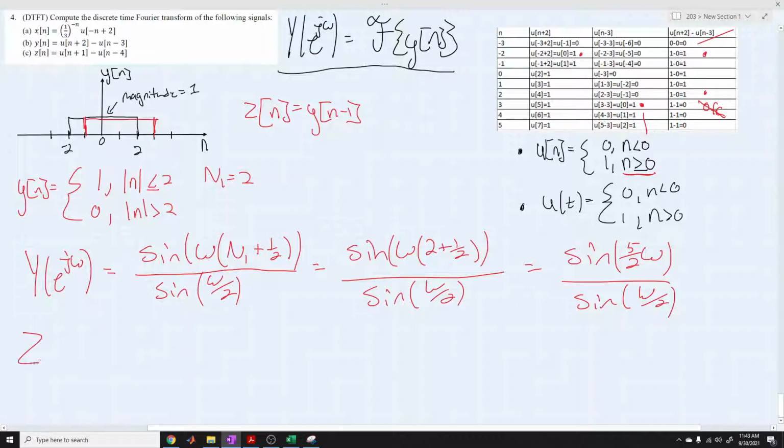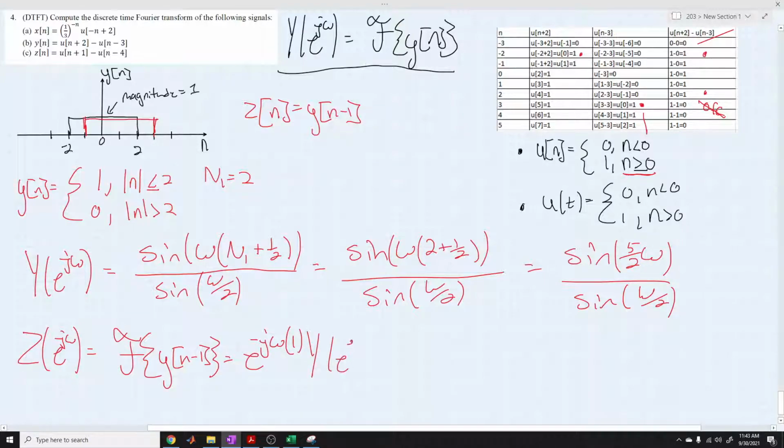That automatically tells us that big Z of e to the j omega is equal to the Fourier transform of y shifted in time by 1, which is e to the negative j omega times big Y of e to the j omega, which is e to the negative j omega times sine of 5/2 times omega over sine of omega over 2.